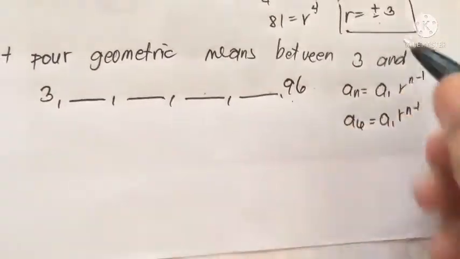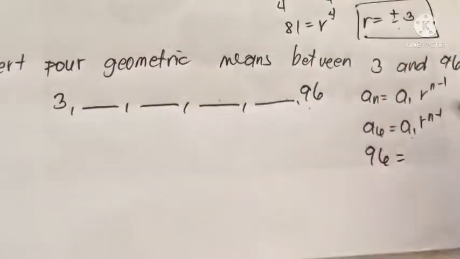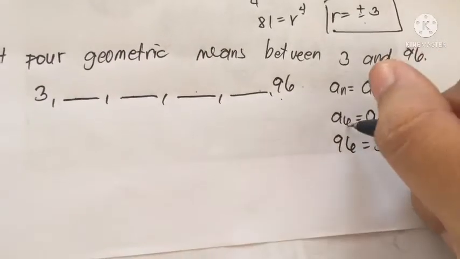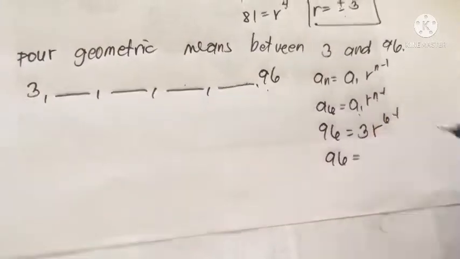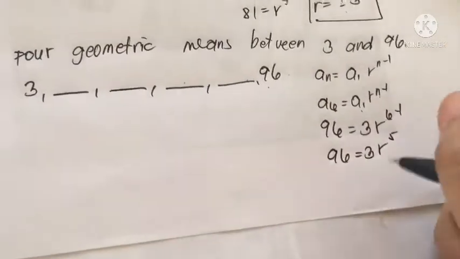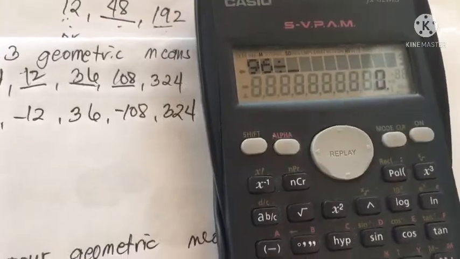So, a sub 6 natin, that is 96. A sub 1 natin, that is 3. Then, r natin, that is missing. Then, n natin is 6. 6 minus 1. So, magiging 96 is equal to 3 r, 6 minus 1 is 5. Divide both sides by 3 para ma-cancel. So, we have 96 divided by 3.